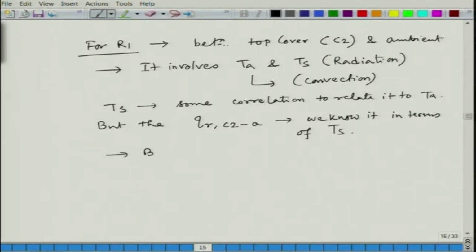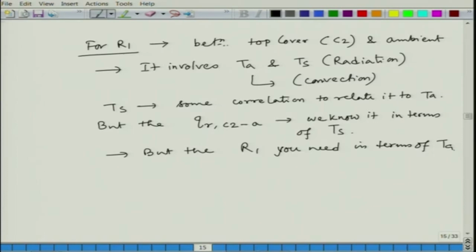But R1 you need in terms of T ambient. T_s we do not use.